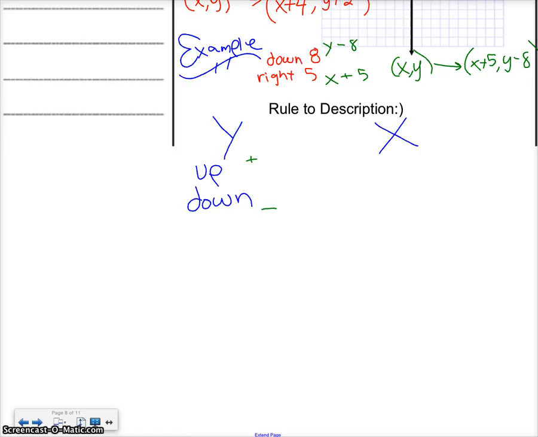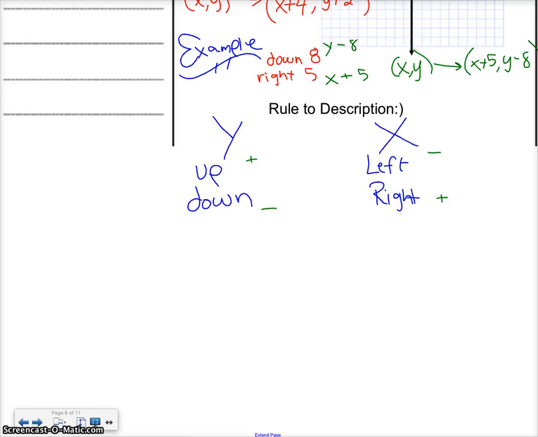If you're going down, you are subtracting. And x, little x, goes left to right, just like a coordinate plane. X goes left and right, y goes up and down. And left means x gets smaller, so you subtract. And right means x gets bigger, so you add. So that's everything that you need to know as you work backwards.